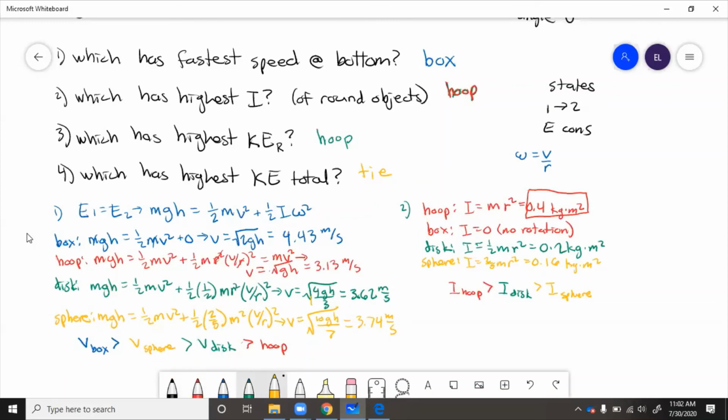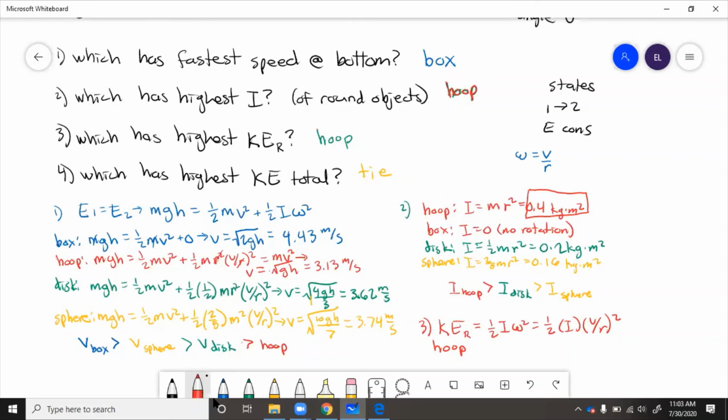So for 3, we said that was the hoop. We know kinetic energy for rotation equals 1/2 I omega squared equals 1/2 times I times v over r squared. So if we do the math for this in the hoop, we know v because we figured it out in part 1, and then we know I because we figured that out for part 2.